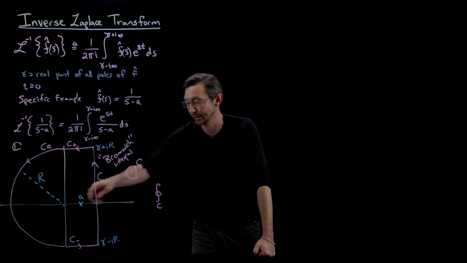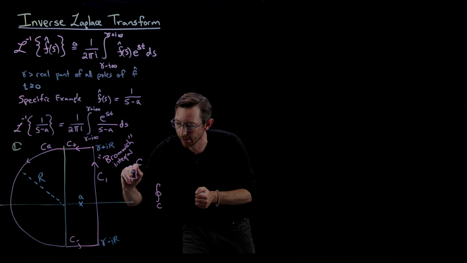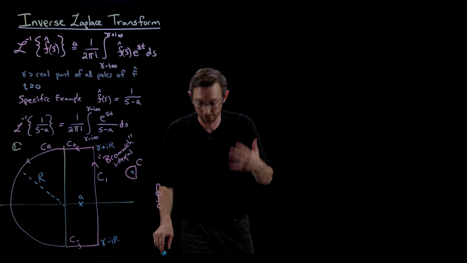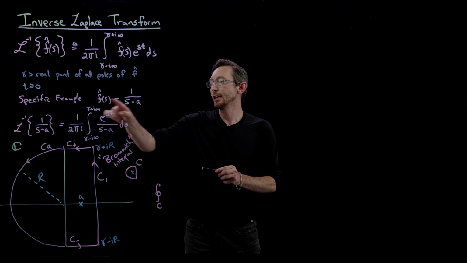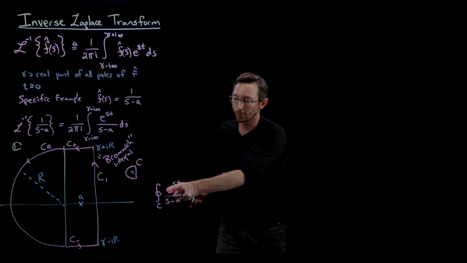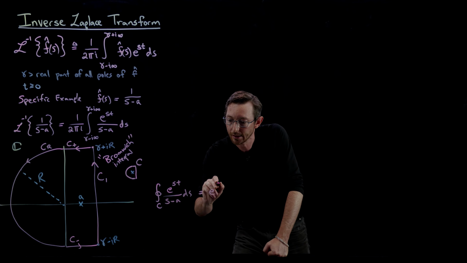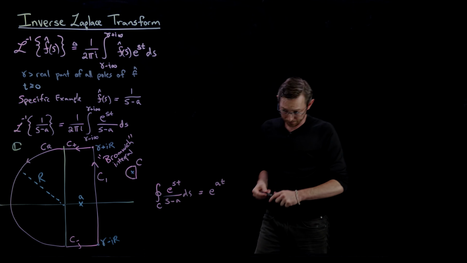This closed contour is going to include that simple pole at s equals a, and I can use the Cauchy integral formula to say that the integral of e to the st over s minus a ds around that closed contour is equal to e to the a t.